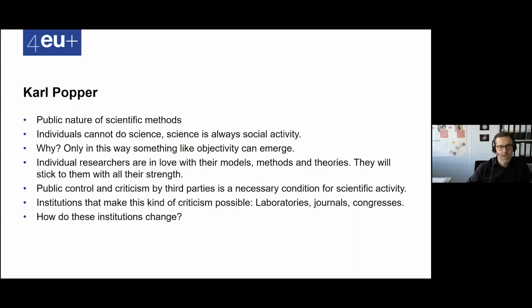According to Popper, these institutions are laboratories and journals and scientific congresses, where you can come and put your hypotheses on the table and present your arguments to your scientific communities and scientific peers and get criticized by them.